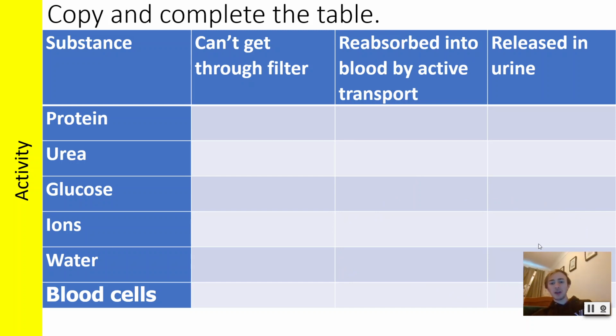So there should be a tick in released in the urine. The rest of the ions and water have to be reabsorbed. And therefore there should be a tick in reabsorbed too. So ions and water are both reabsorbed, that's most of it, but yet some of it is also released in the urine. And then blood cells are far too big to go through the filter.